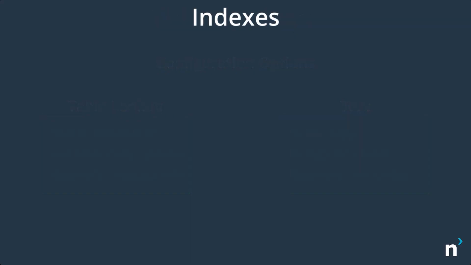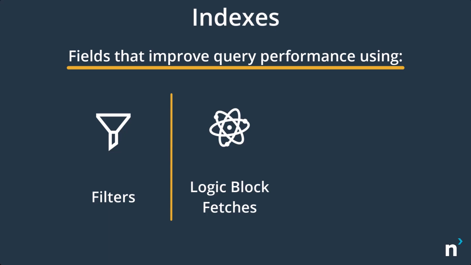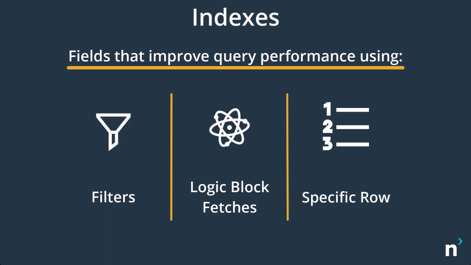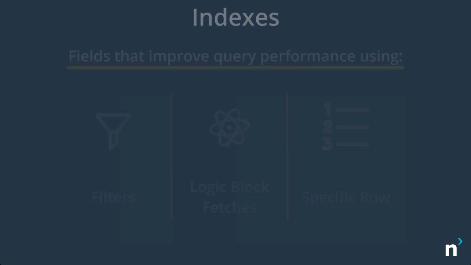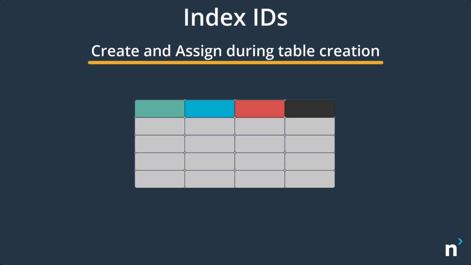In NextWorld, an index is a field or list of fields designed to improve the performance of queries. These indexes improve the performance of queries by using filters, logic block fetches, or use of a specific row without having to read the entire table. You create and assign index IDs while creating your tables in NextWorld.